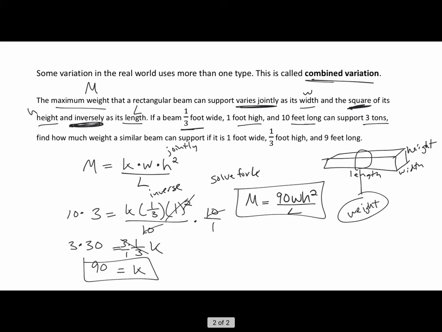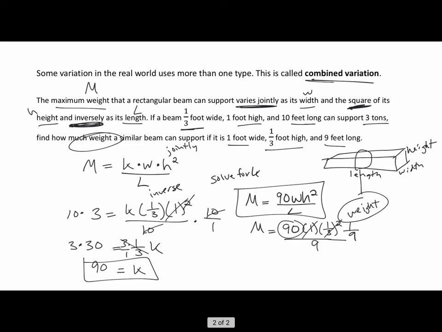Okay. Then I need to answer a question. Find how much weight. So I'm going to solve for M, given 1 foot wide, 1/3 foot high, and 9 feet long. Then I just need to simplify that to see how much weight we're talking about here. Multiplying by 1 does nothing, so that's fine. 1/3 squared is 1/9.